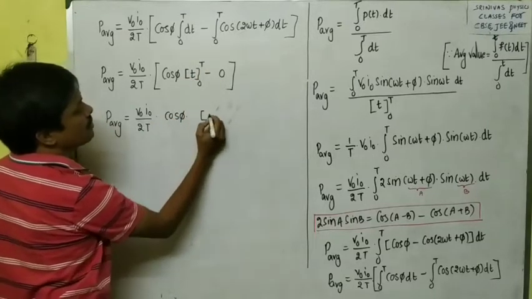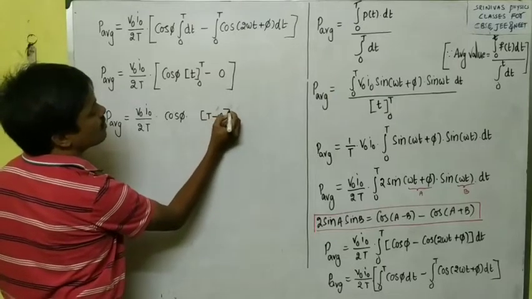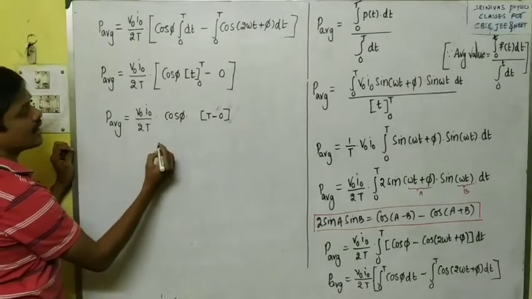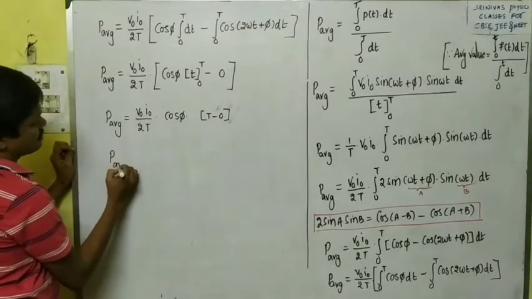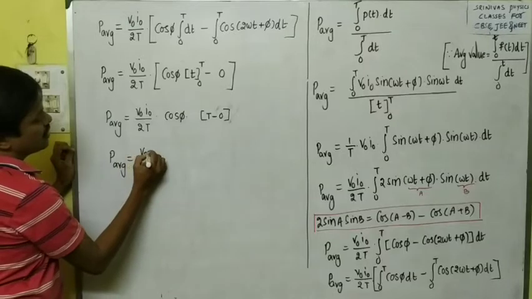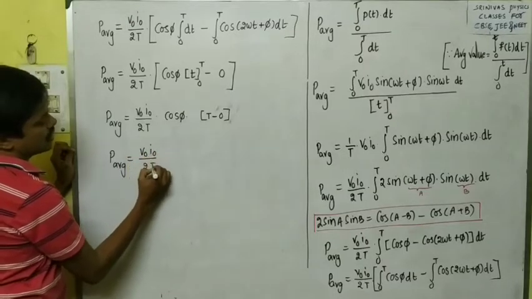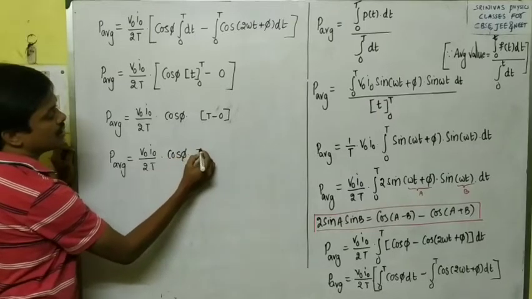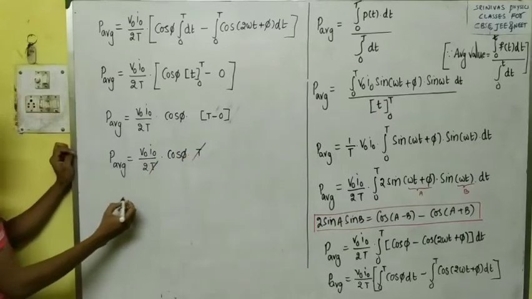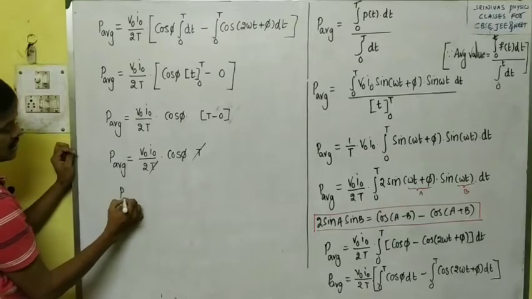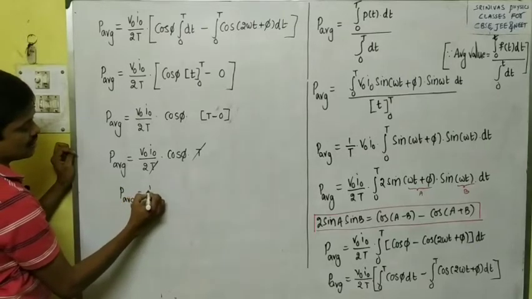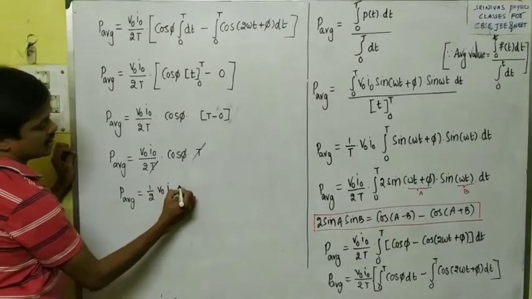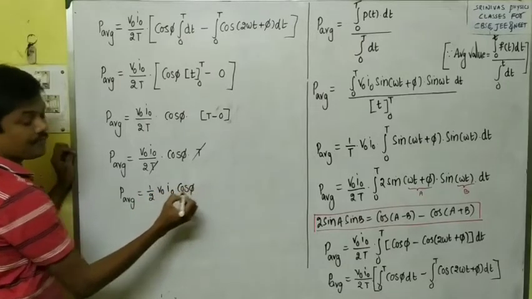If you substitute the limits, capital T minus 0, we will get the average power is equal to V naught I naught by 2T into cos phi into T. This T will cancel, and finally we will get one equation: average power is equal to half V naught I naught cos phi, okay?